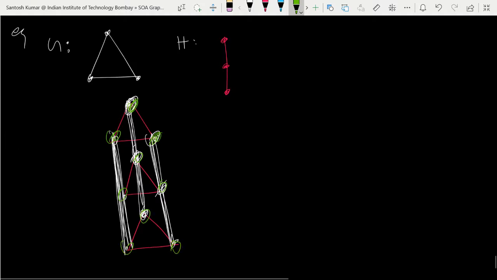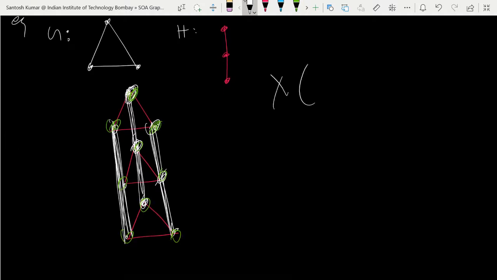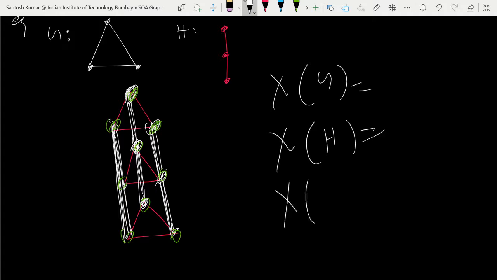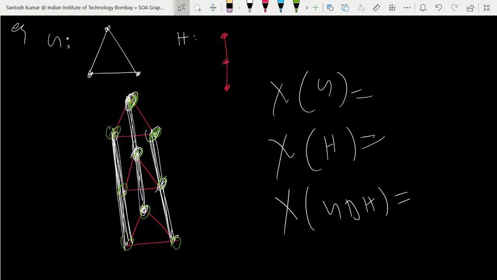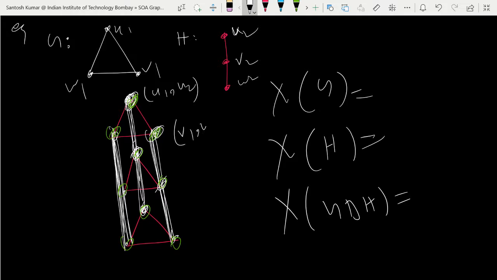Okay. Again, you can see the chromatic number. So the chromatic number of G, H, and G Cartesian product H. You can name it, right? So I'm not naming it like U1, V1, W1, again U2, V2. So you can name like this. This is U1 comma U2. Okay. This is V1 comma U2. This is W1 comma U2.